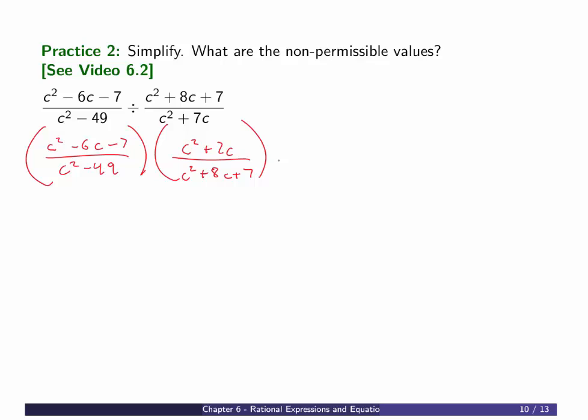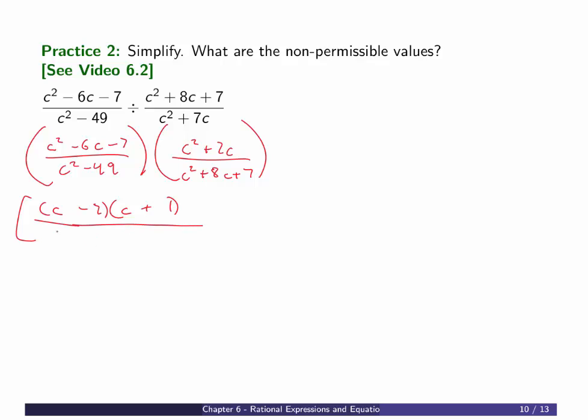Okay, so to multiply this across, I'm going to factor first, then get the non-permissible values, then simplify. So here we go. Let's factor the top here. We're going to get c, poor choice of variable to use here, and we're going to have factors of 7 and 1, minus 7 plus 1, game over there.